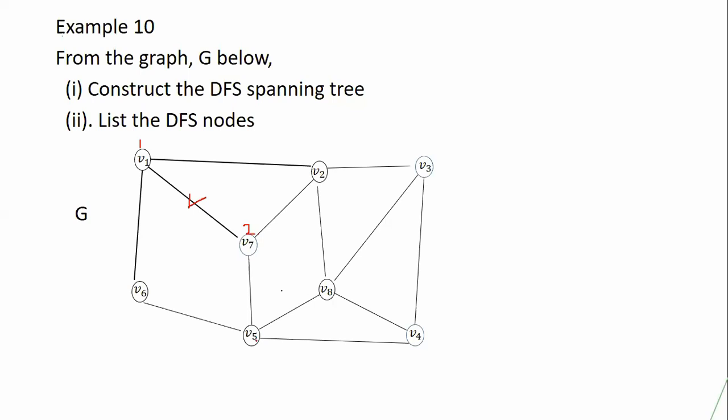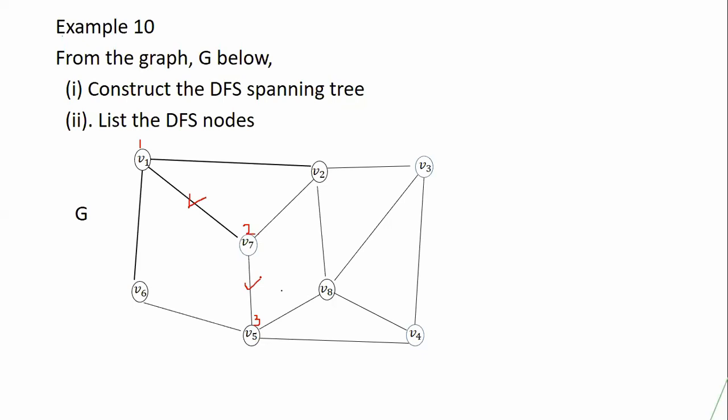So we have V2, V5, and we can take any one of them. Assuming we take V5, it is number 3. Then mark the edge connecting V7 to V5 as used.